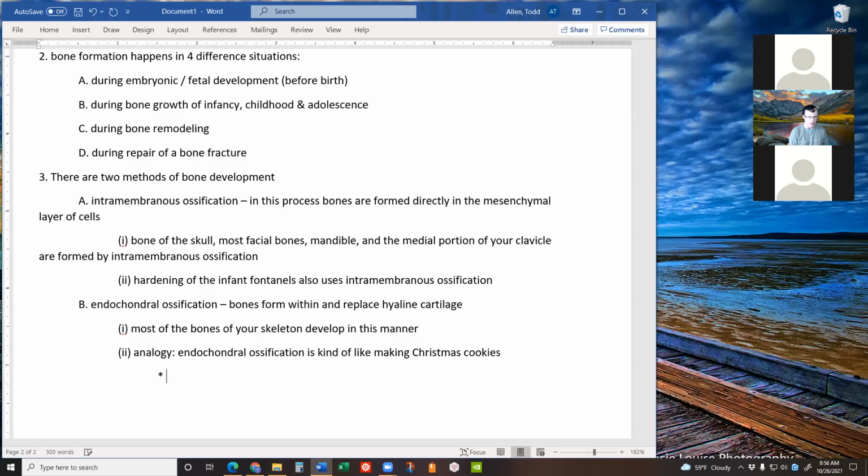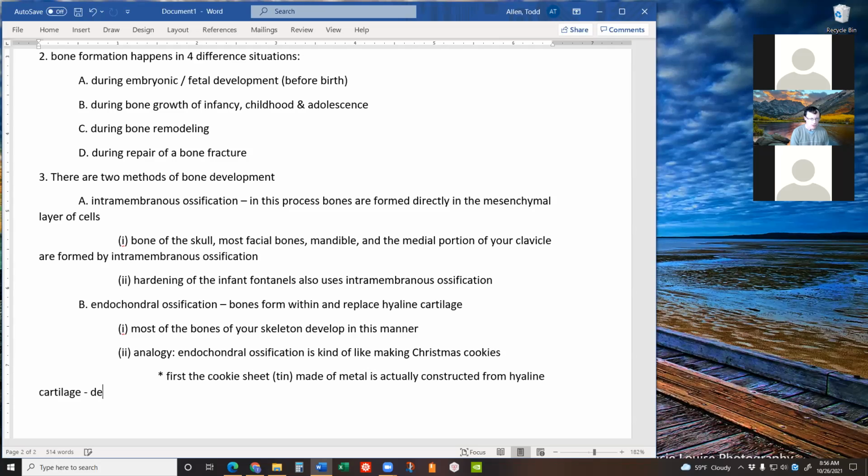So what will happen is, first, the cookie sheet, the tin made of metal, is actually constructed from hyaline cartilage, right? So you make the cookie sheet itself from a mold of cartilage.